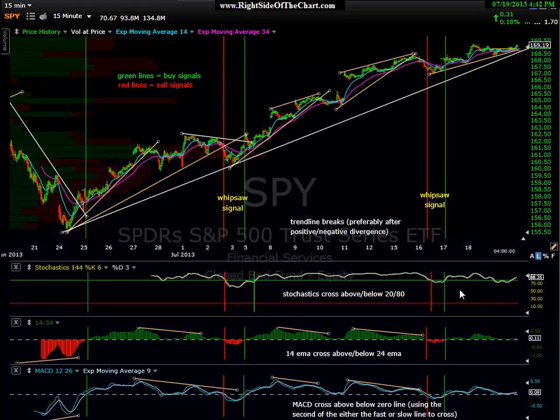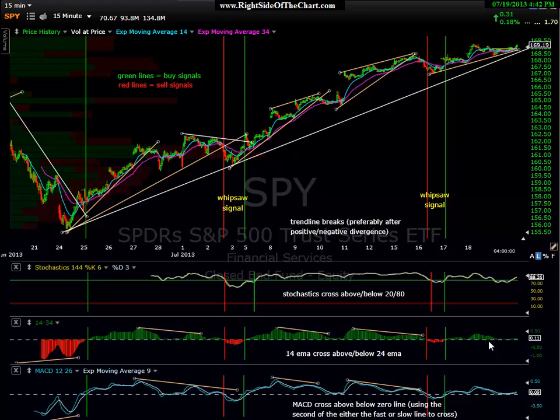Down below on the stochastics, I look for a cross down below 80 or above the 20 level. And this is a histogram, as I again covered in those other posts and videos. It's a histogram simply of these two moving averages up here. You have this aqua line and the purple line, which are the 14 and 34 EMA.